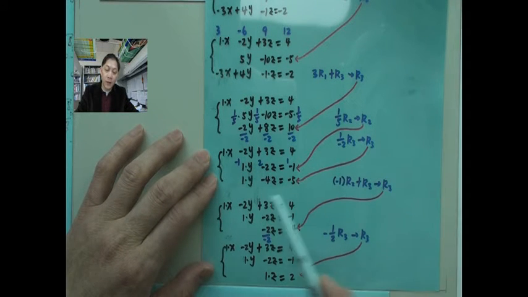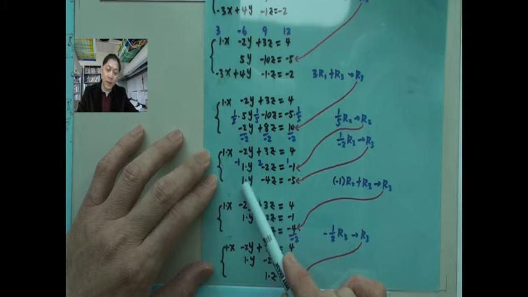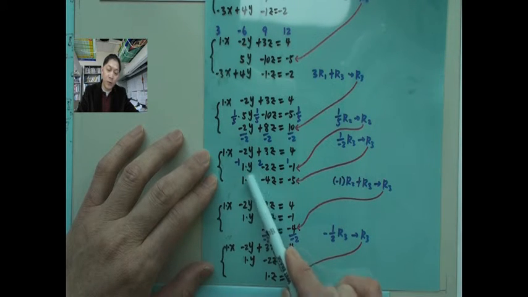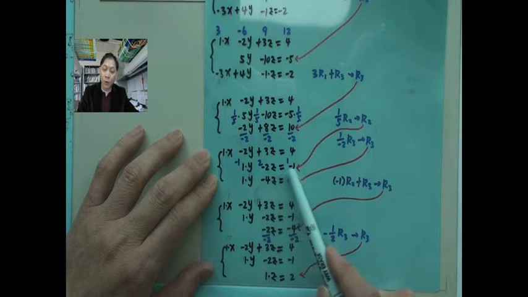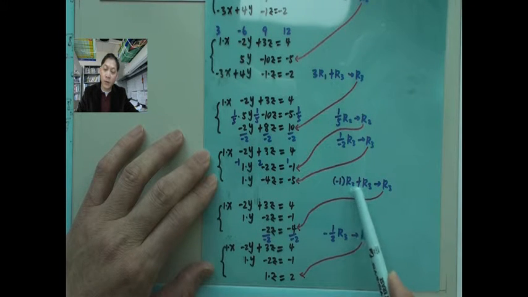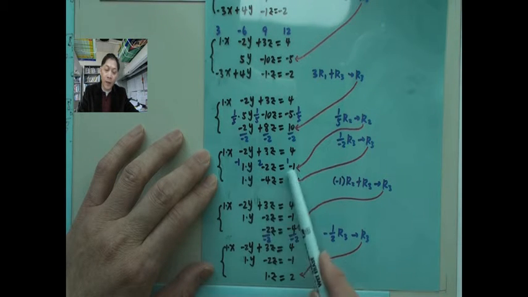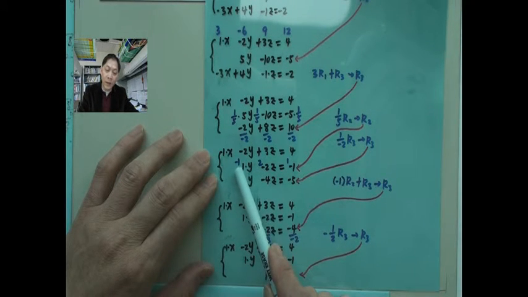Now, here is positive 1y, here is also positive 1y. If we want to eliminate this 1y, this one has to be negative 1y. So if this row 2 is multiplied by negative 1, then 1 times negative 1 is negative 1.